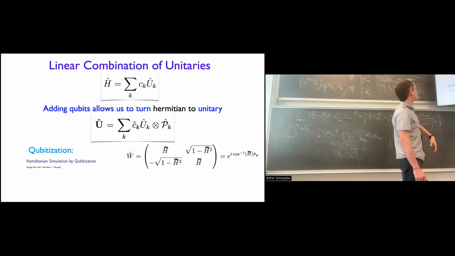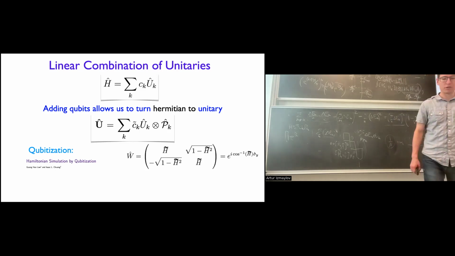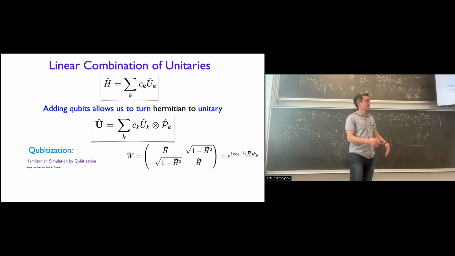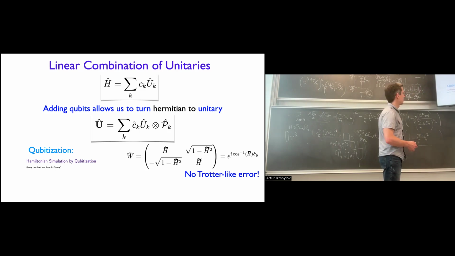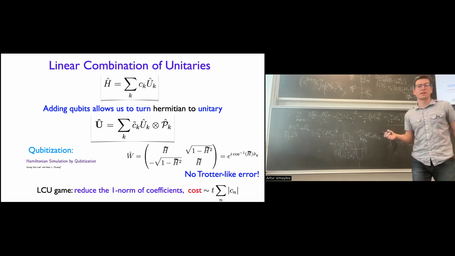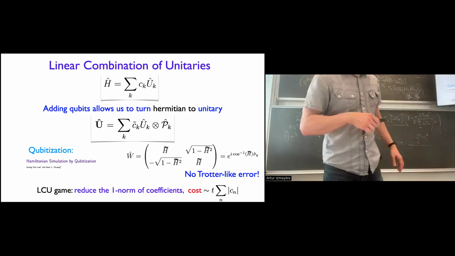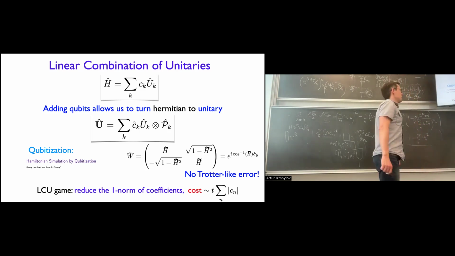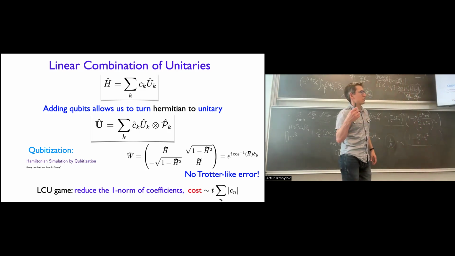So we will be encoding the Hamiltonian as a linear combination of unitaries. There is a way to do it, and methods like qubitization can be introduced. They have no Trotter error, and the cost of the method will scale linearly with time instead of quadratically. That's why most of the work these days is focusing on these LCU qubitization techniques, not so much on Trotter.